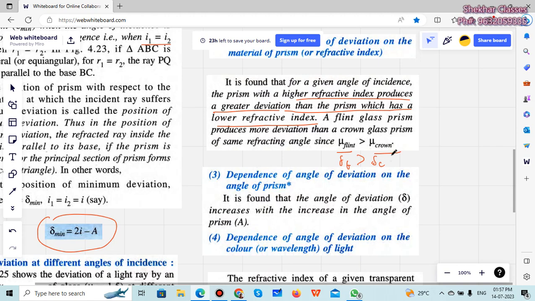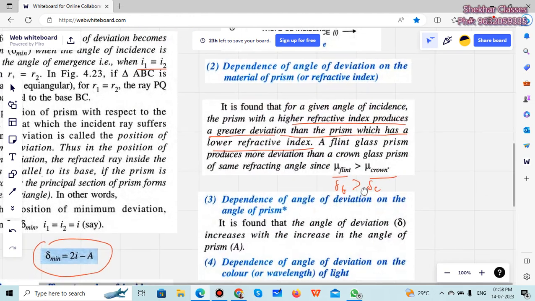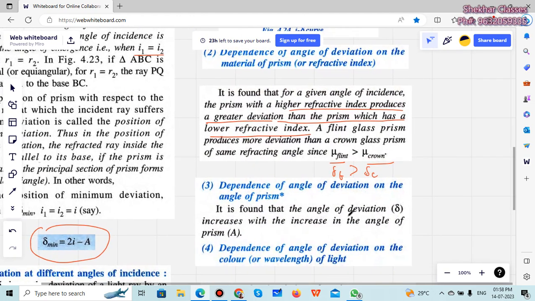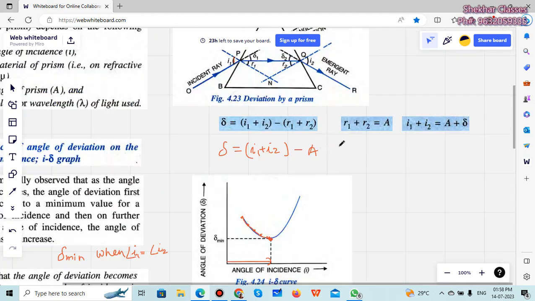Give me one second. It doesn't look right to me, because I1 and I2 are fixed, and the angle of prism is more. It is found that the angle of deviation increases with the increase of angle of prism. So it means that when we increase the angle of prism, although it is being subtracted here, the deviation will increase.